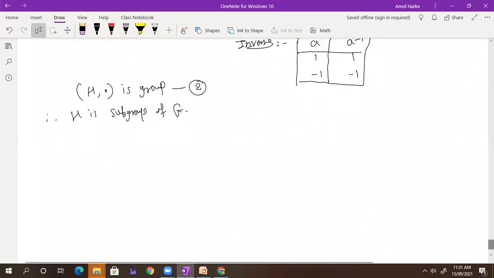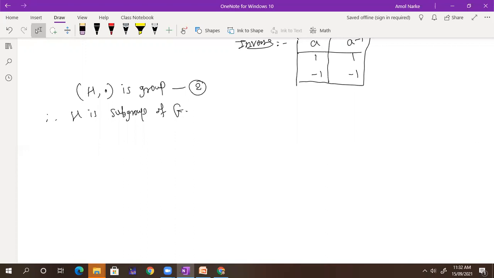Okay, subgroup, is it okay for everyone? Yes. Okay. So subgroup is done, and the example of 1 and -1 is also done.